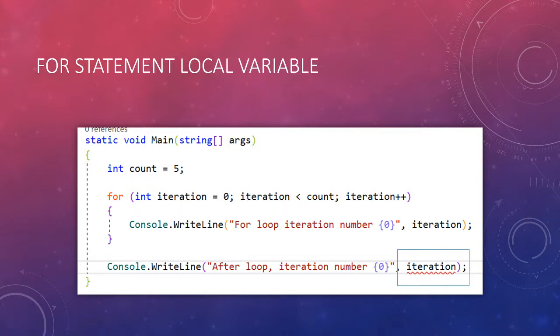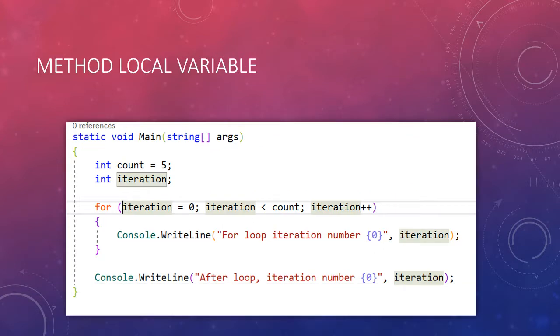Now I can change that if I need to by declaring the iteration variable as I did earlier for the while statements. I can still use that iteration variable to control our for loop, because I can say set the iteration equal to 0 to start, run while it's less than count, and add to the iteration.